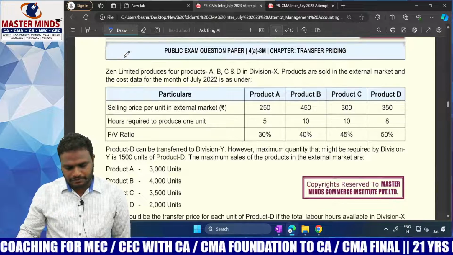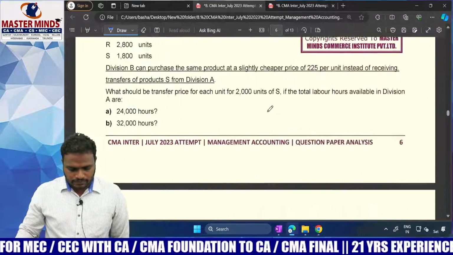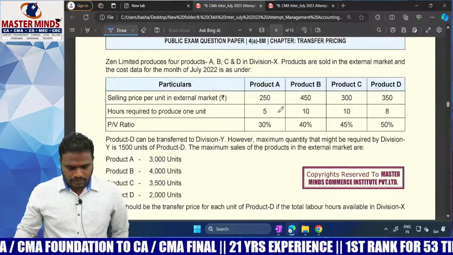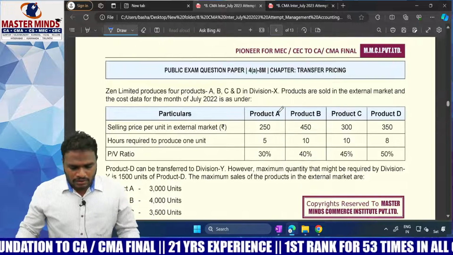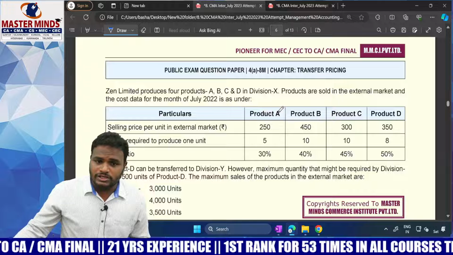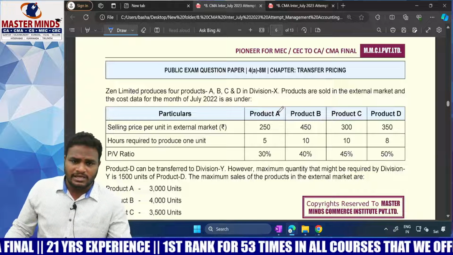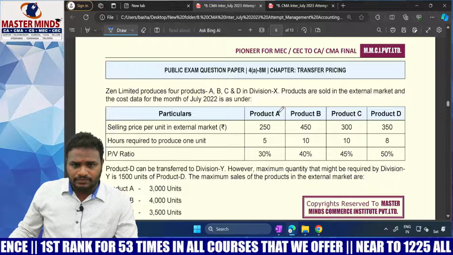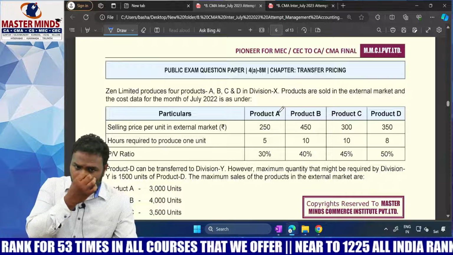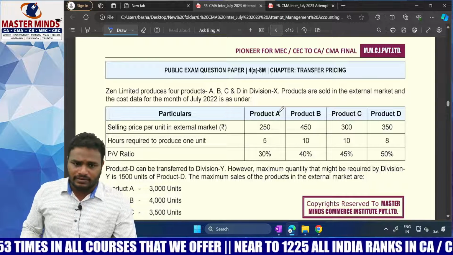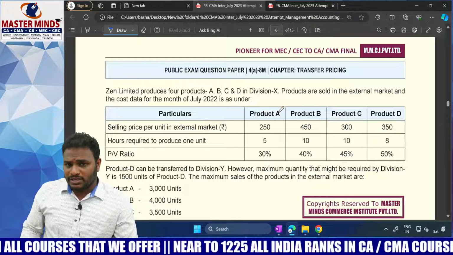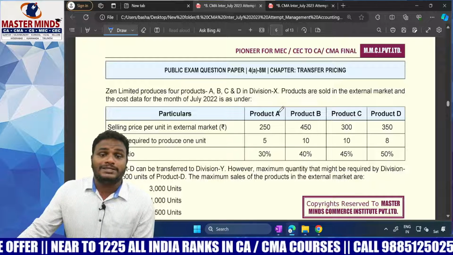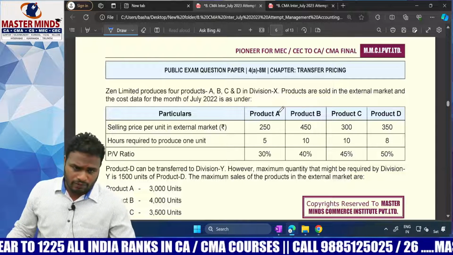Come to the transfer pricing. Gen Limited produces 4 products A, B, C and D in division X. Products are sold in external market and the cost data for the month of July 2022 is as under. Selling price per unit in external market: product A 250 rupees, product B 450 rupees, product C 300 rupees, product D 350 rupees.